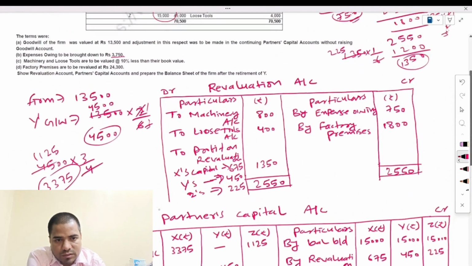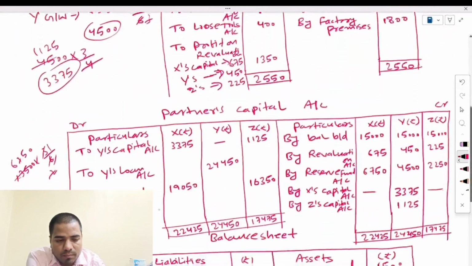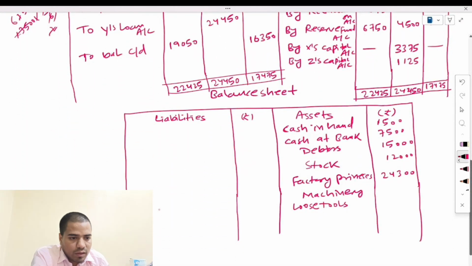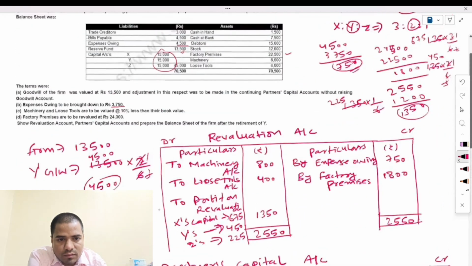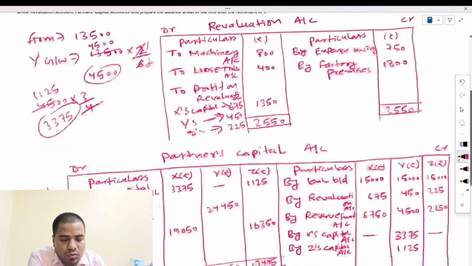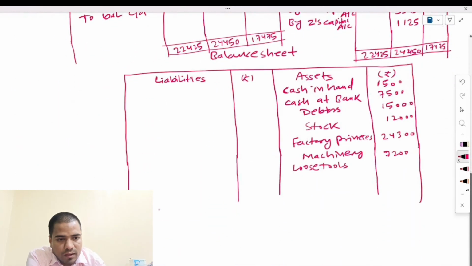Machinery has been decreased, so we have to minus this one also. 8,000 minus 800, it means 7,200. And loose tools 4,000 minus 400, it means 3,600. So these are the values of assets.